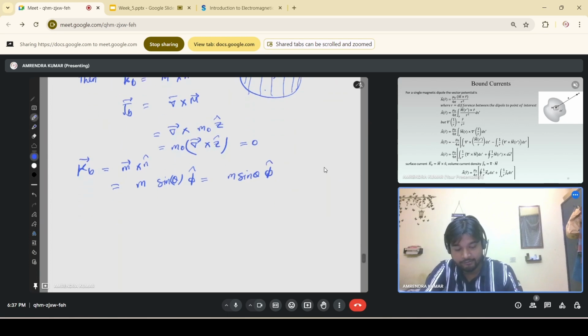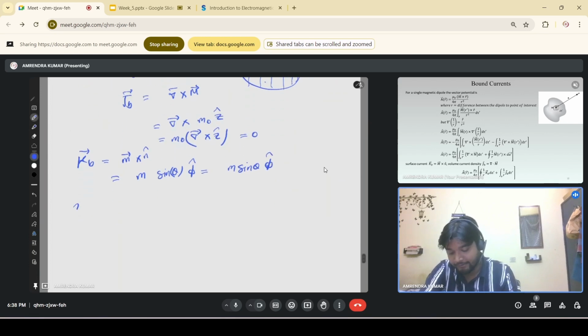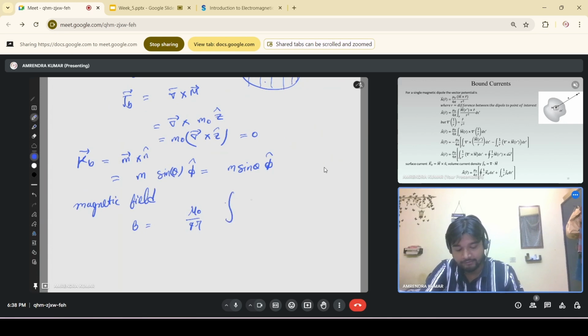Now, what about the magnetic field? We know that V is nothing but 1 over 4 pi, and then I dA sine theta over r square, or you can write this as dl cross r cap.